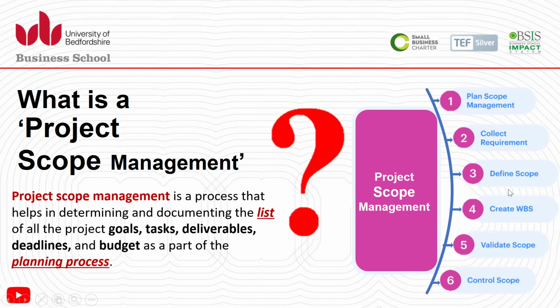Then creating the work breakdown, decomposing the whole work into different work packages, validating the scope in the monitoring and control phase of the project, and then controlling the overall scope are the further key elements or steps within project scope management.